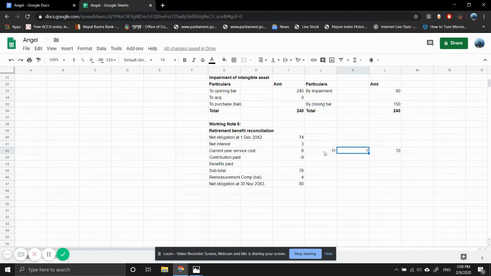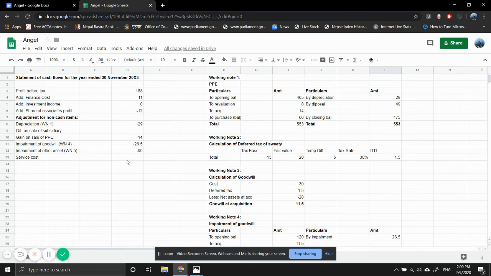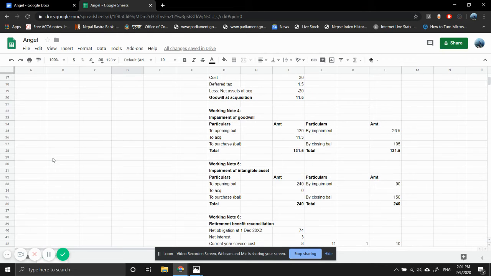So in the profit before tax of the parent, they will not be charging this amount. That's why we need to figure it out ourselves. Why are we adding it back? Because from the profit they had reduced 10, right? That's why we will need to add it back. So where did we get this figure from? Working note 6.